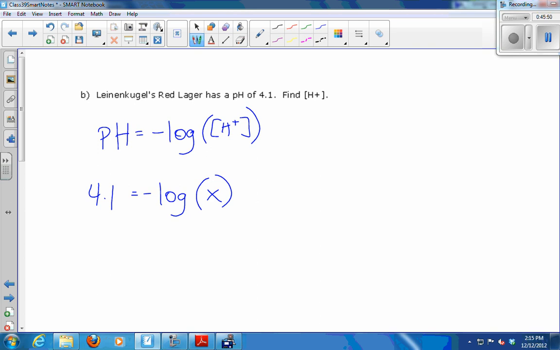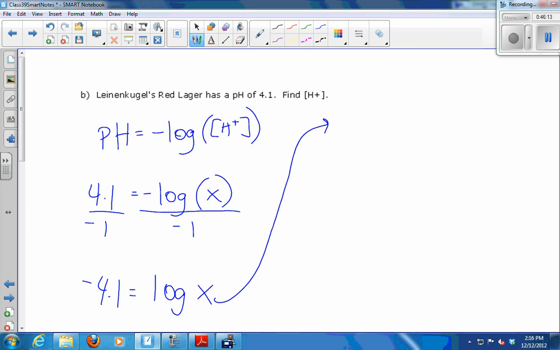And then if I try to switch it to an exponential equation, the question comes up, what do I do with the negative sign? So what I could do is start by dividing both sides by -1. So I have negative 4.1 equals log X. And then this is base 10.